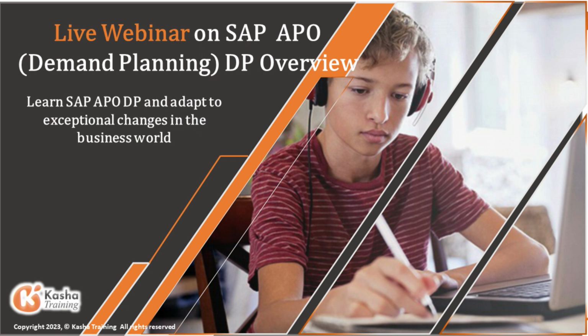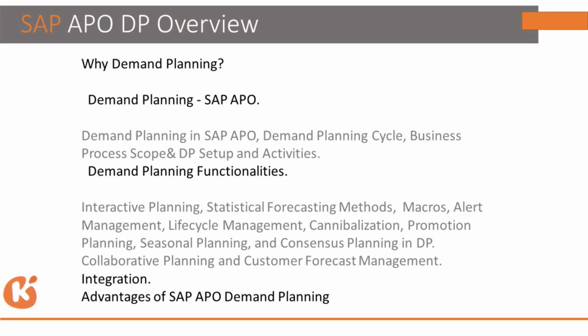This session is going to cover the demand planning overview. In this presentation, we are going to cover why we need demand planning, and in APO demand planning, how it is going to start and how it is going to end, what the business processes are, and what the important configurations or activities are that we need to do in demand planning.